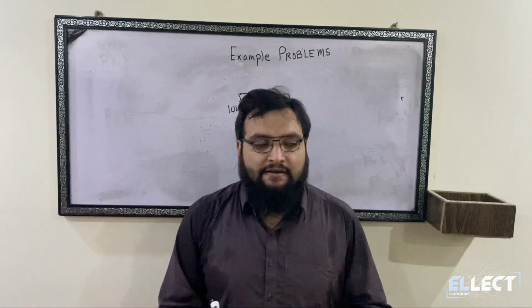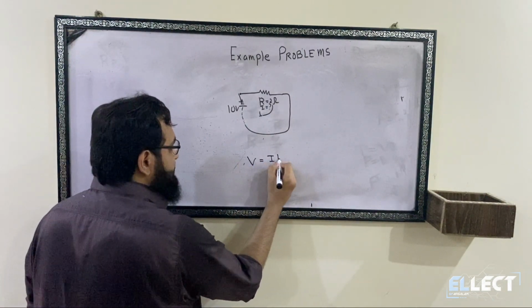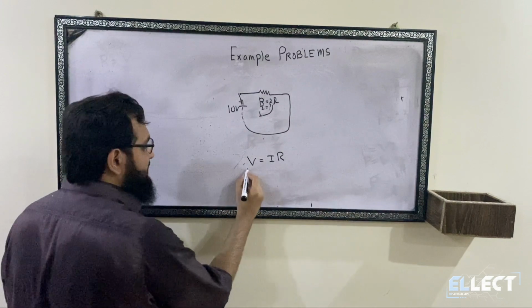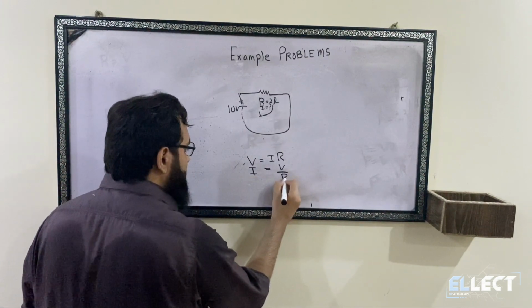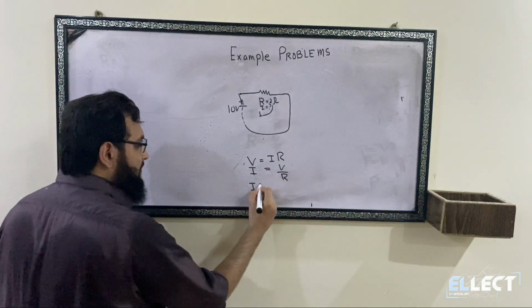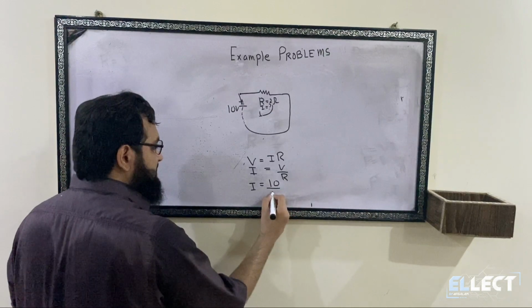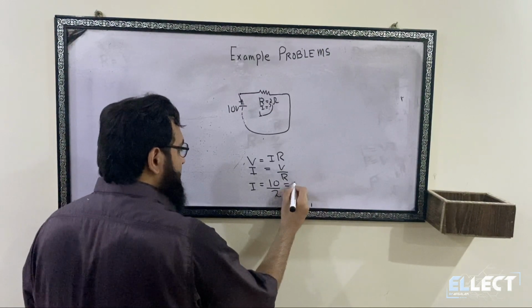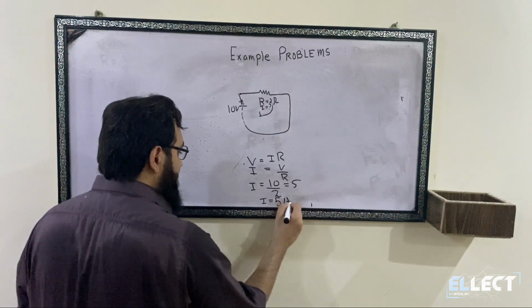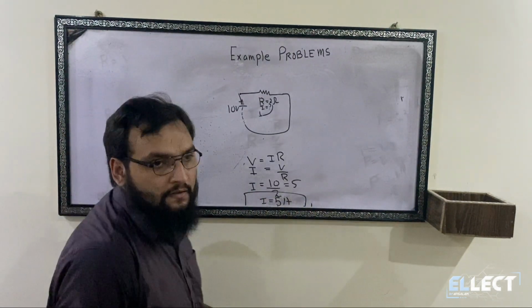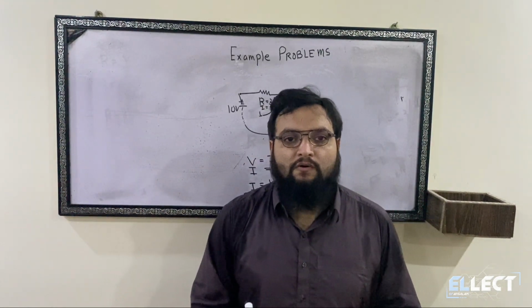So we know that V is equal to IR. We have to find the value of current. I is equal to V over R. What is the value of voltage? That is equal to 10. What is the value of resistance? That is equal to 2. So current will be equal to 5 ampere. That is the first example problem on Ohm's law.